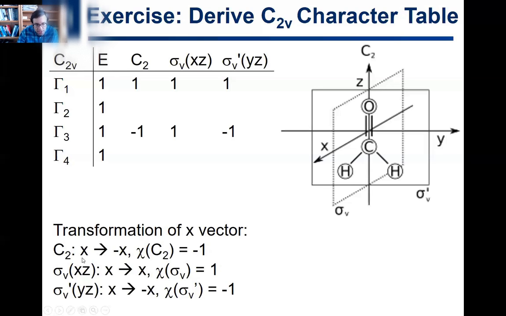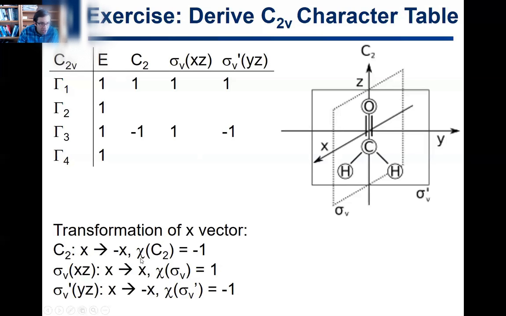If you take the x vector, and imagine here's your x vector, and you do a C2. We already know if you do an identity on x, you're going to get x back. If you take an x and go 180 degrees, doing a C2, you're going to go into negative x. So x went to negative x.